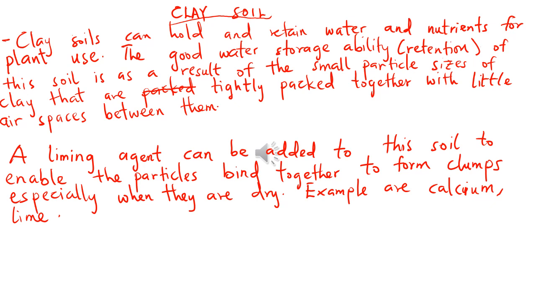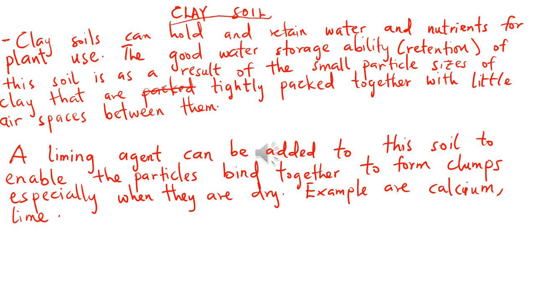So you can add a liming agent to clay soil to enable the particles to bind together to form clumps, especially when they are dry. Note the ending of what I said: especially when they are dry, because of their high water retention.